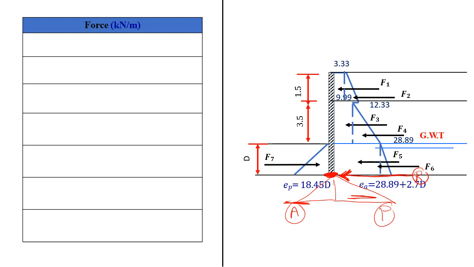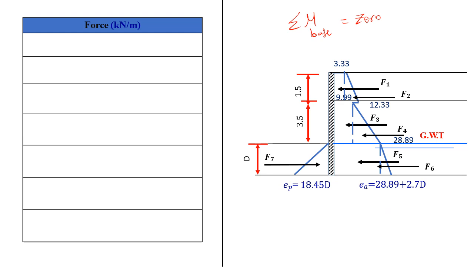So if you don't want to bother yourself with the quantity of this resultant force, you have to get your moment around this point. So you will apply the equilibrium equation, sigma moment at the base is equal to 0. And since the resultant force is passing through the base, it will be cancelled in the equilibrium equation. So you don't have a choice. You must get your moments around the base of the flexible retaining wall and equate it to 0.